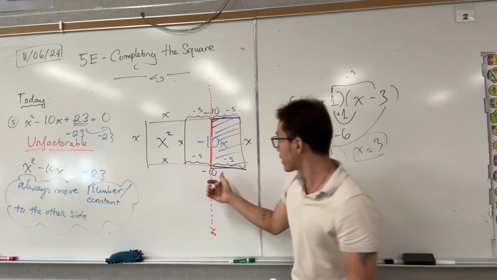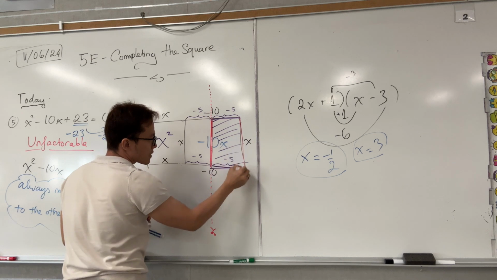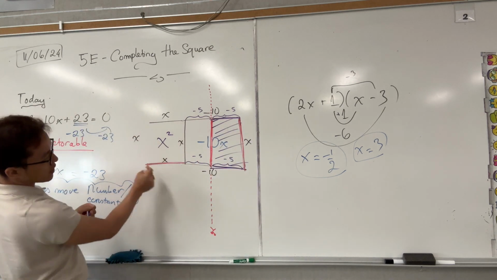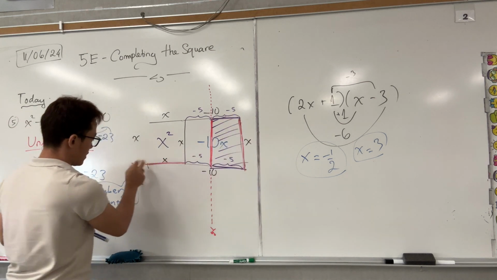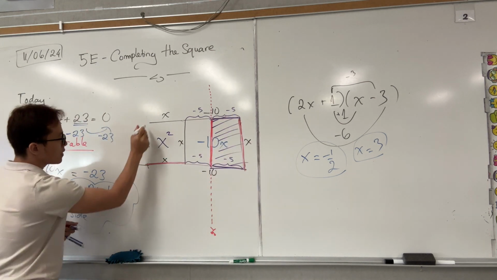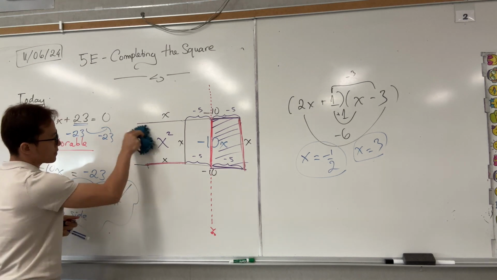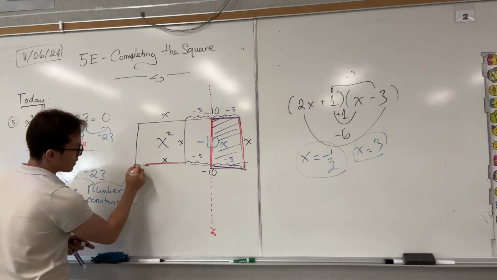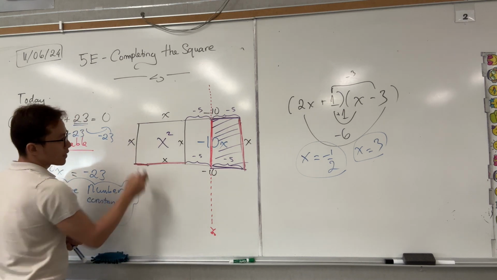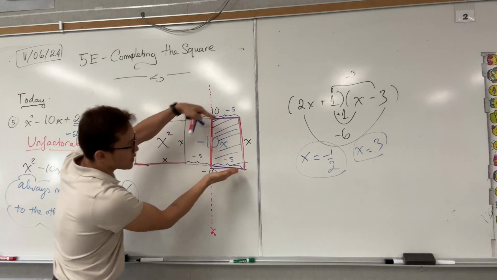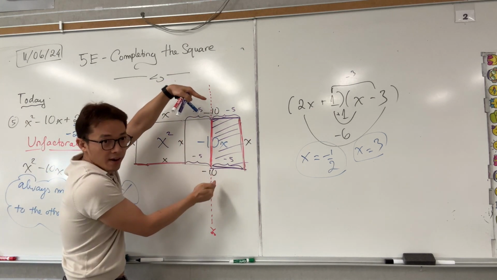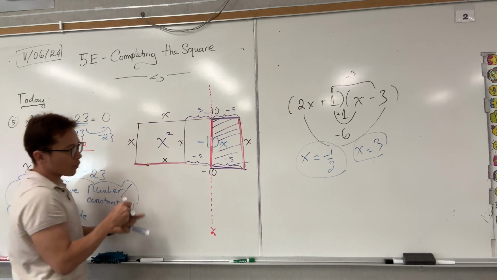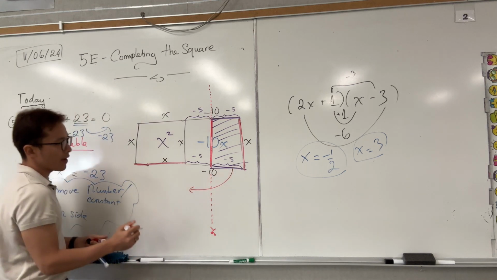Maybe we can make it a little bit longer so your mind can see it easier. So this is X. I'm going to move this rectangle with the side X over here to the side X.